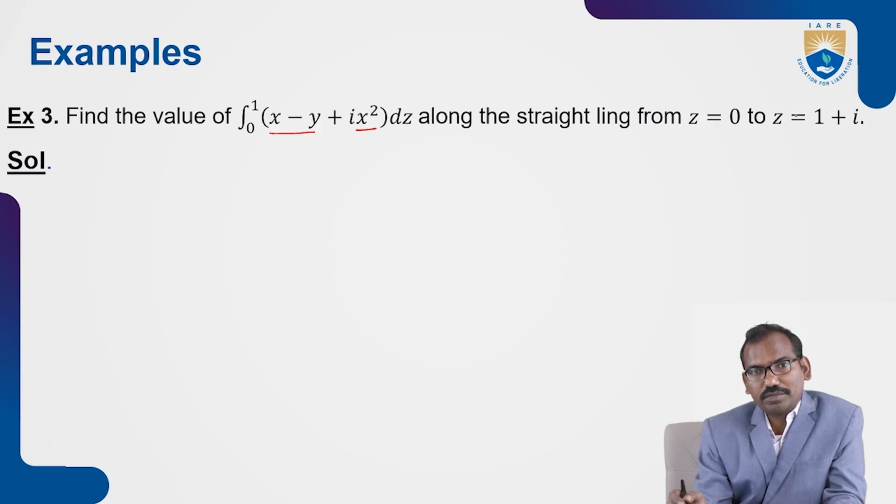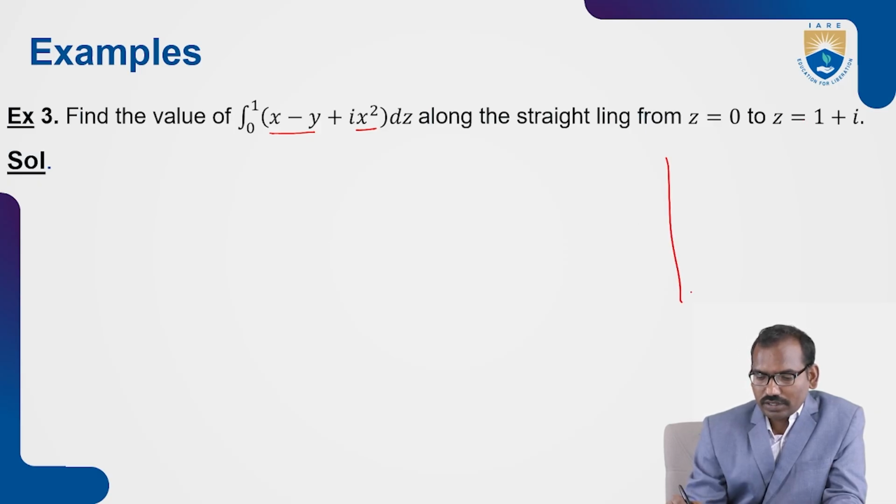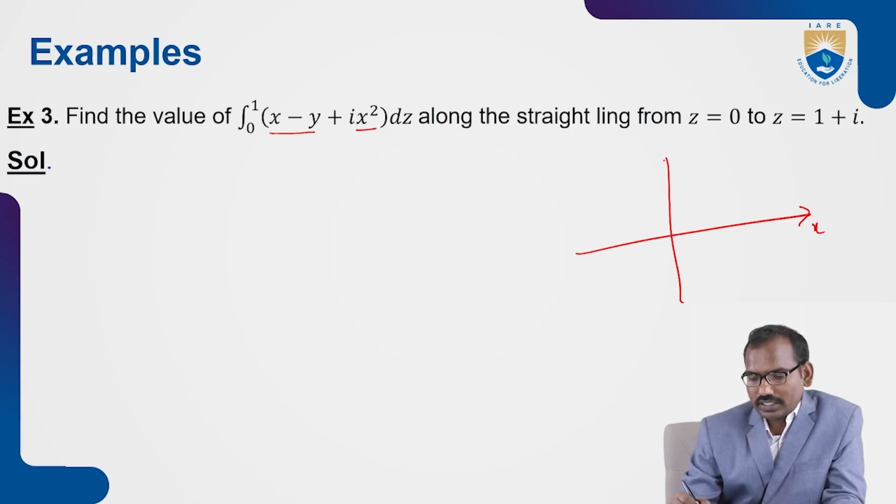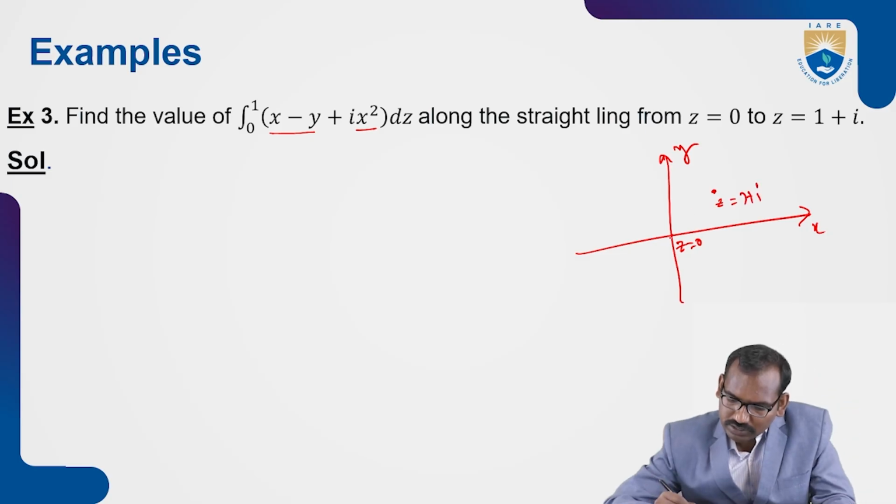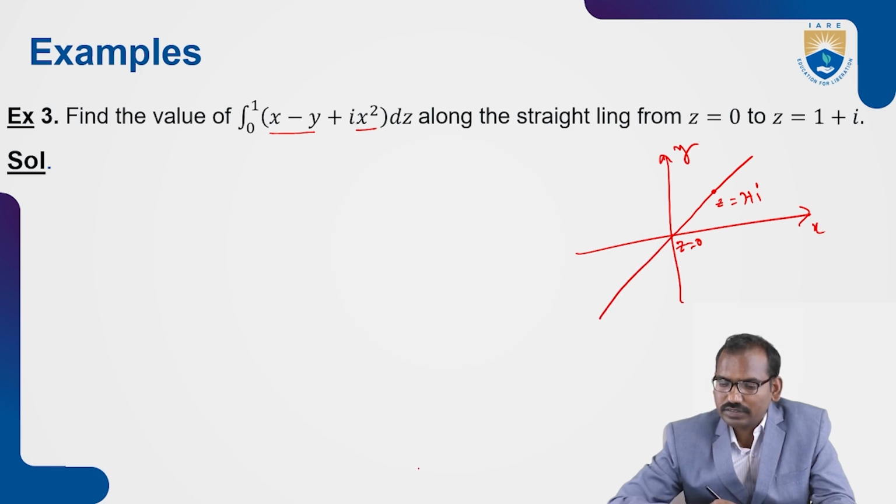The path is a straight line path. In the complex plane, this is x and this is y, and this is z equal to 0, and this is z equal to 1 plus i. Straight line means a straight line passing through these 2 points.